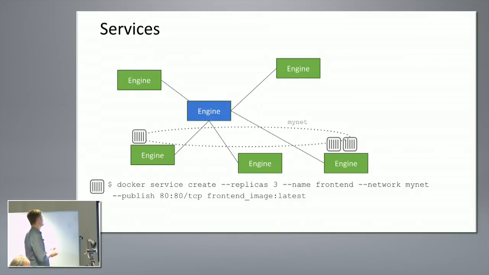So here's the interesting part. Swarm mode introduces a couple of new concepts. In Docker, you saw before docker run and docker ps, which gives you a list of containers. In Docker 1.12, there are new components. There's docker service. A service is a higher level component of Docker. You can create services, update services.